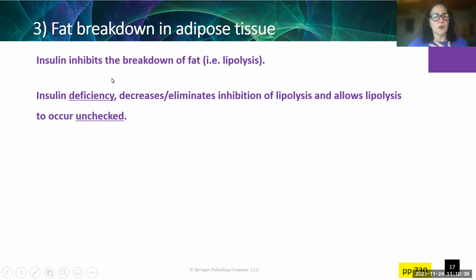So if there's a decreased amount of insulin, that's good. If there's absent insulin, a deficiency, not even close to the normal amount of insulin, that is a crisis, because this decreases and in some cases eliminates inhibition of lipolysis altogether. And this allows lipolysis to occur unchecked. That means that bodies waste away.